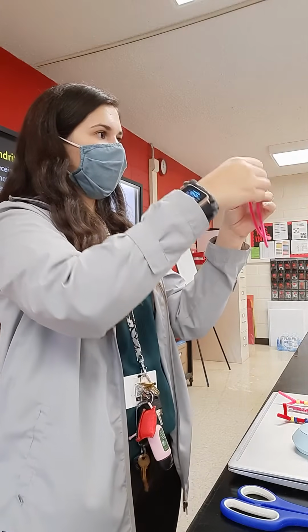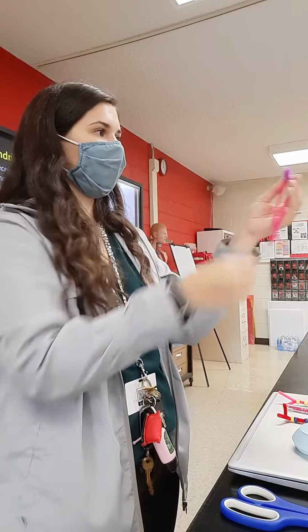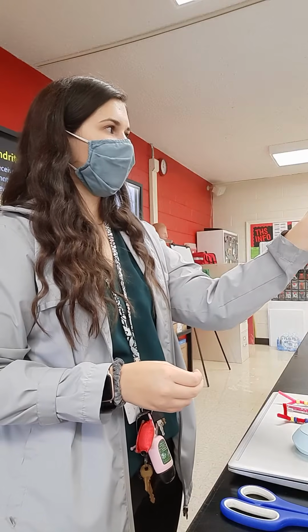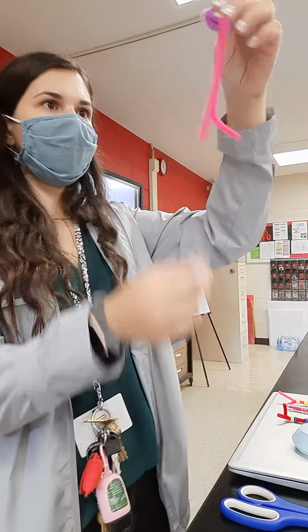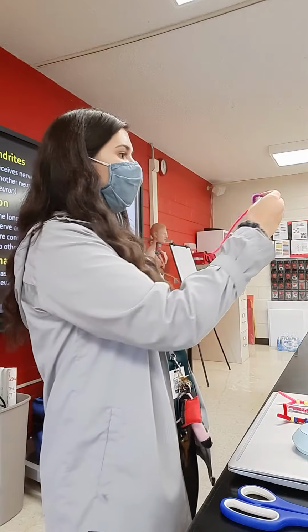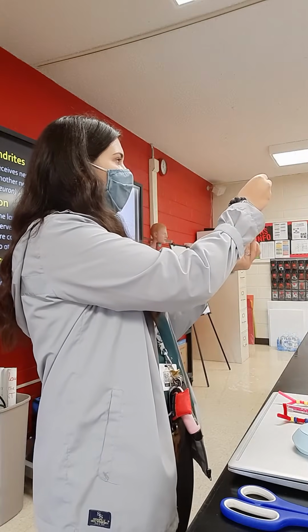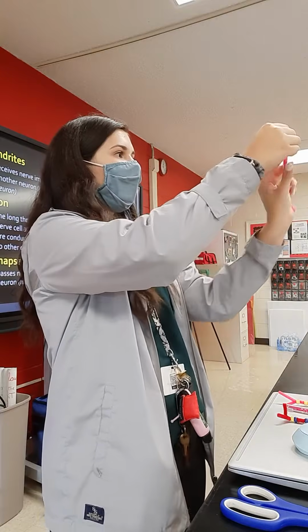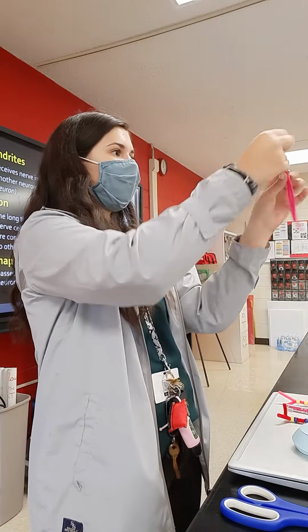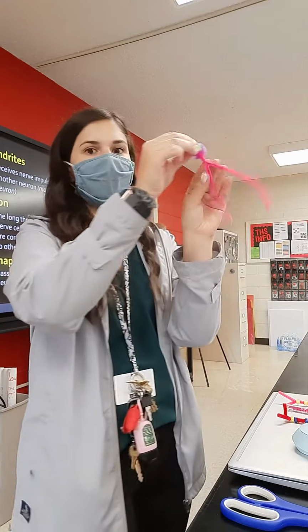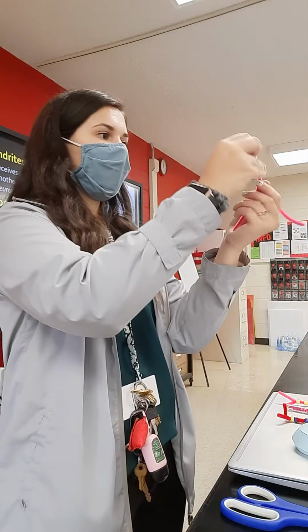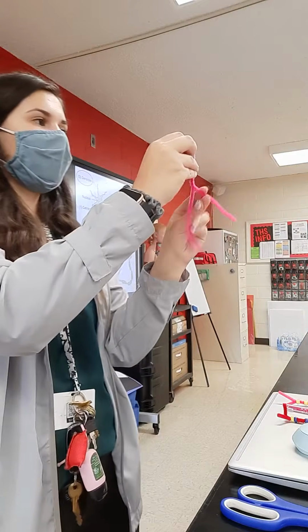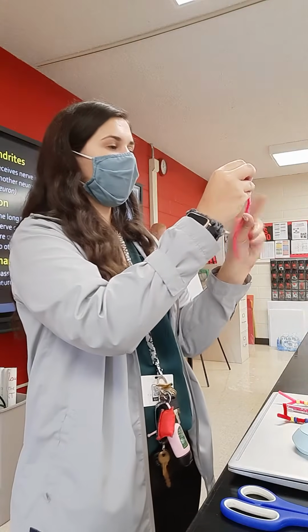Put your pom-pom ball in your cell body. Just like that. Okay, put your pink through the cell body. Okay, so once you've got your pink through your cell body, you're just going to fold it in half, and then you're going to twist it so that it kind of wraps around itself. Okay? When you get to the bottom, leave the bottom 2 pieces kind of open.